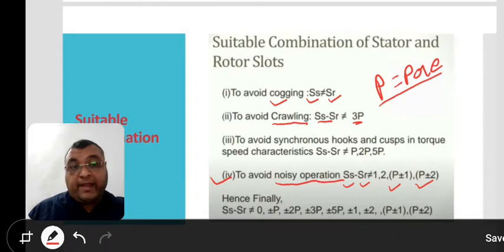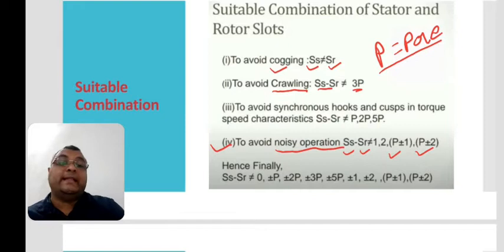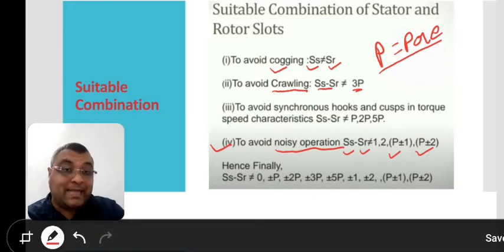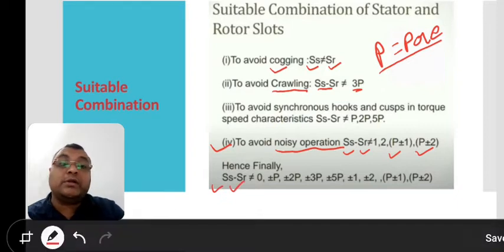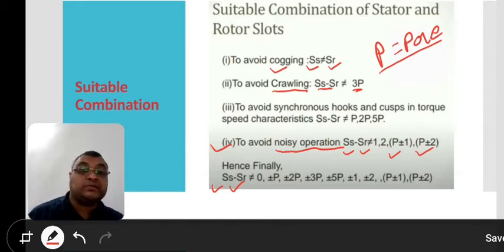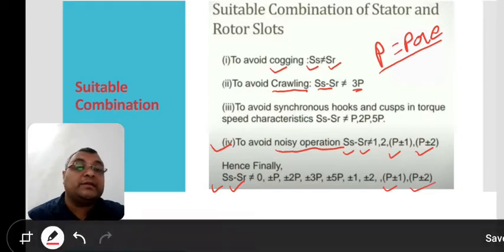Then finally we can conclude from this discussion that SS minus SR, that is stator slot minus rotor slot, does not equal 0, plus or minus P, plus or minus 2P, plus or minus 3P, plus or minus 5P, plus or minus 1, plus or minus 2, and P plus or minus 1, P plus or minus 2. Those are the conditions we must consider when the stator and rotor slot combination is selected.